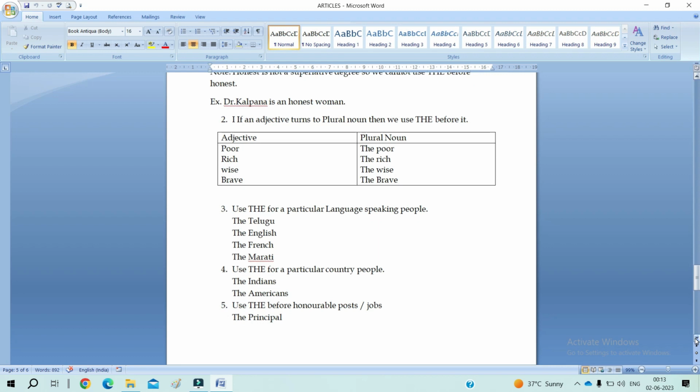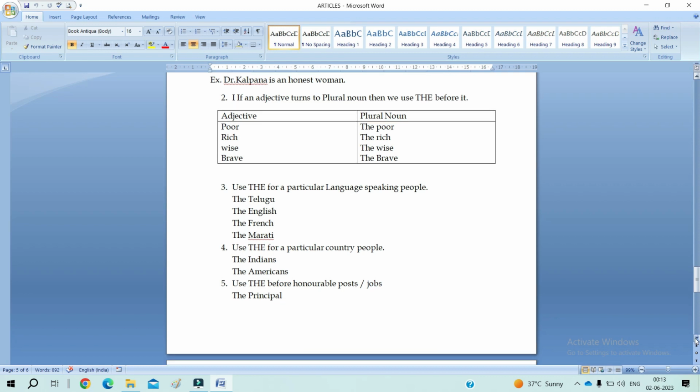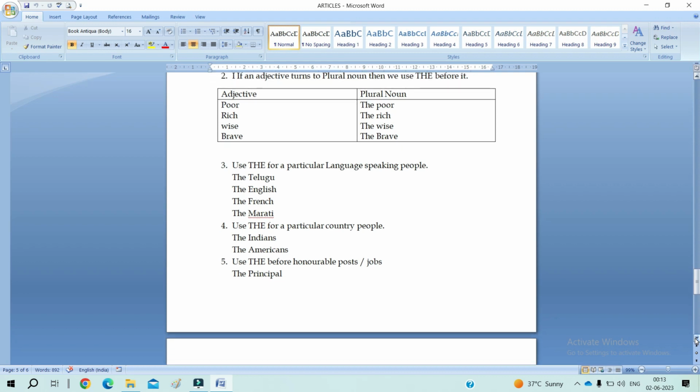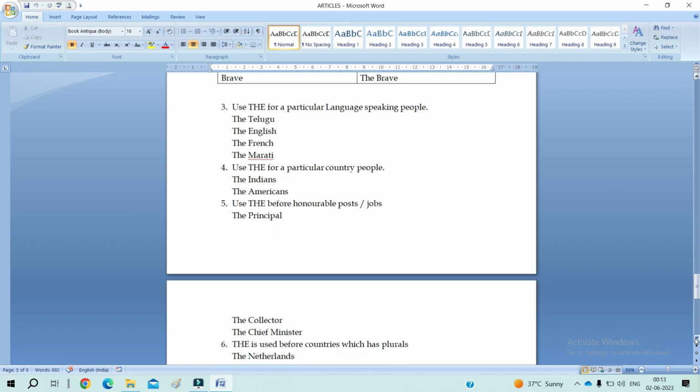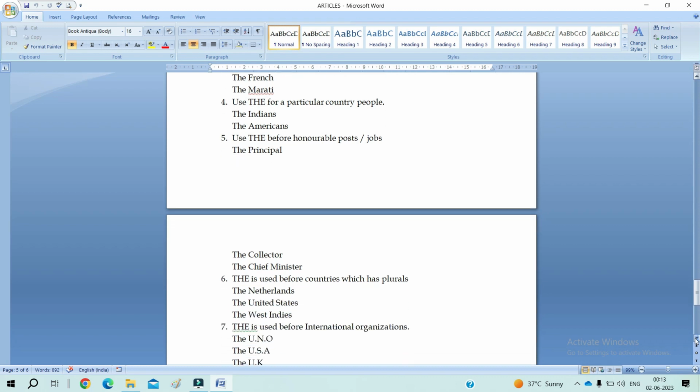Next, use "the" for people speaking a particular language: the Telugu people, the English people, the French people, the Marathi people, likewise. Use "the" for people of a particular country: the Indians, the Americans. Use "the" before honorable posts or jobs: the principal, the collector, the chief minister, the MLA, the MP, like that.